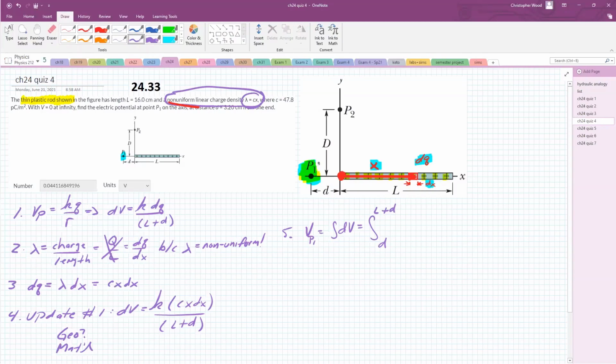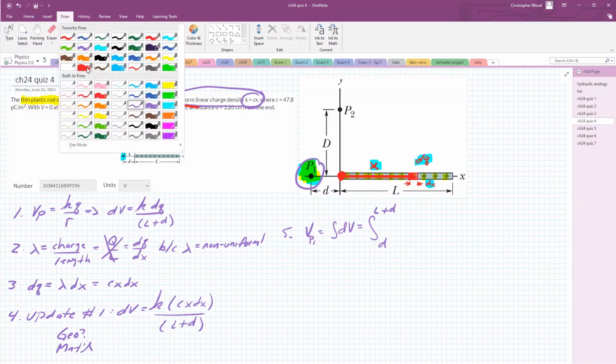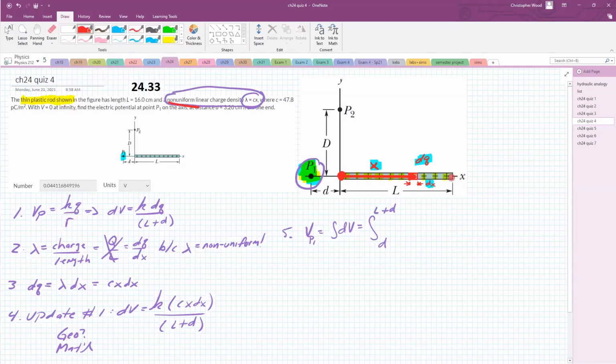Because Probert is standing right here. I'm taking all of these teeny tiny elements all the way out here, that one, which would be L plus D away from Probert, and then gluing them all together like this until I get down to D. So I think that's correct.